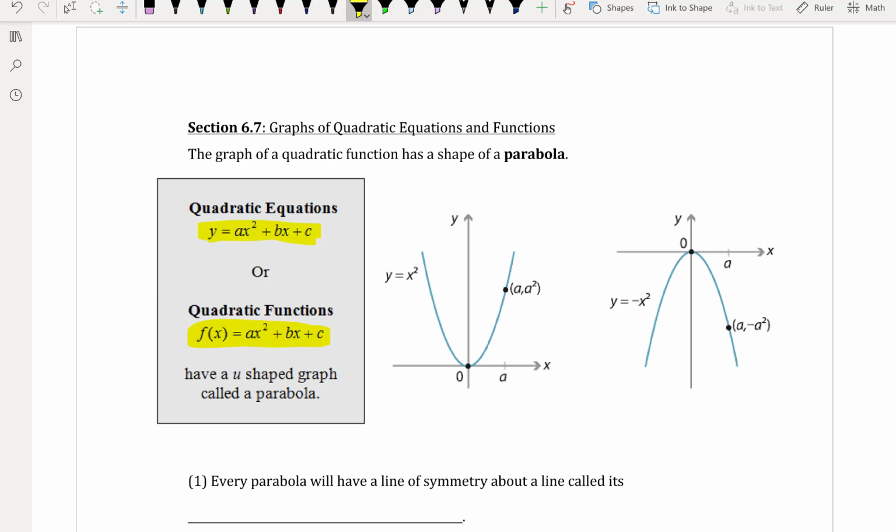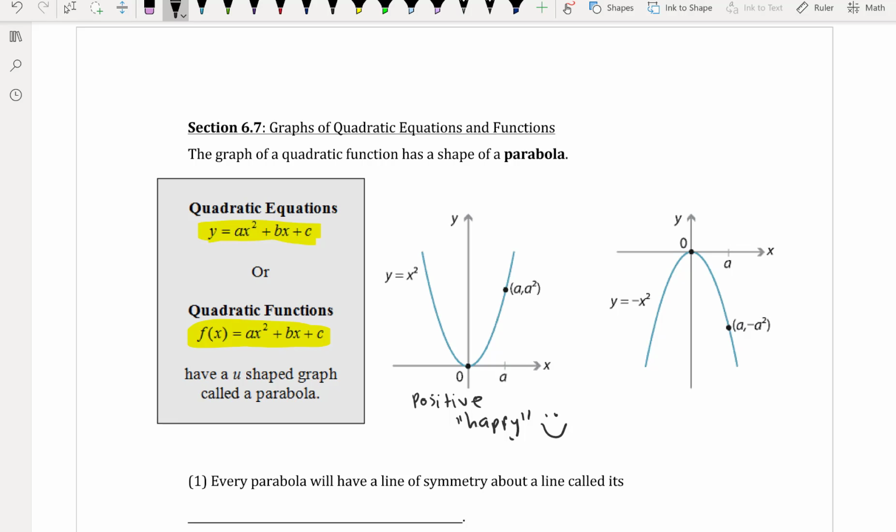All right, so for this chapter, we're going to have parabolas that are either a positive parabola or a negative parabola. So this one is actually a positive parabola, and we can think of it as being happy, because you can think of it as smiling at you.